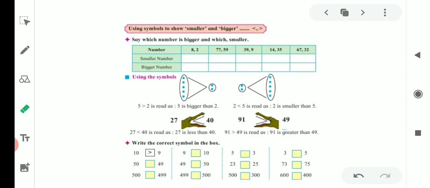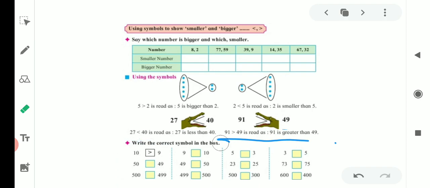Now let's see the signs. Look here. How will you read this one? 27 is smaller than 40 and 91 is greater than 49.